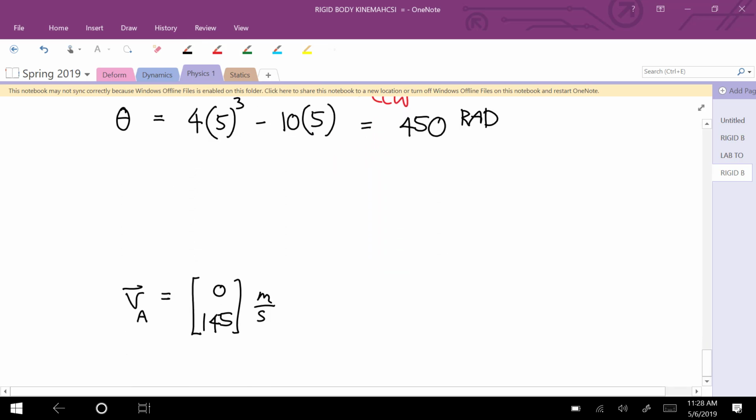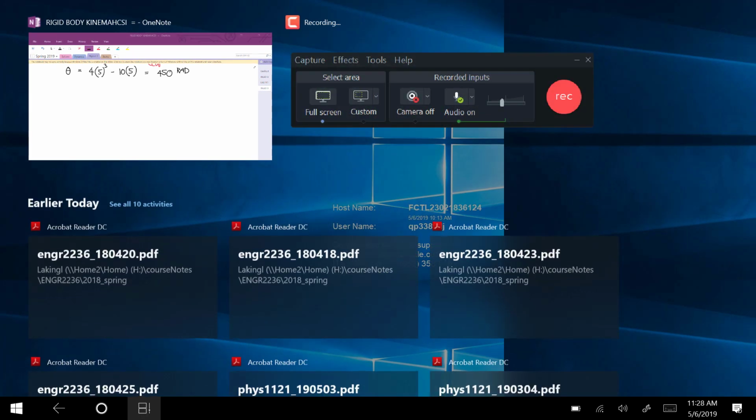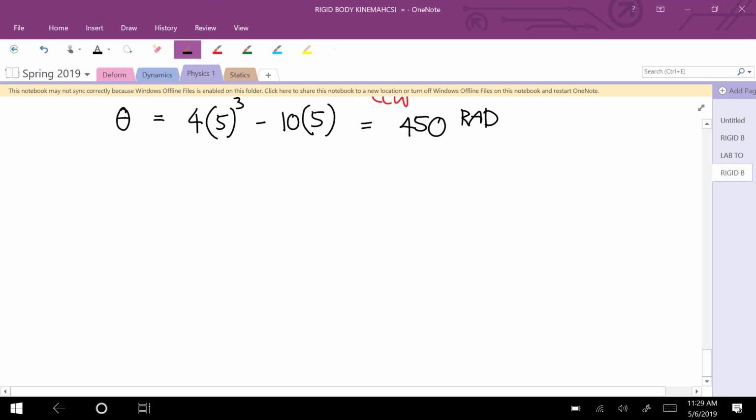So 2 pi is 6.28, take out a bunch of those. I'm trying to figure out what's left over after you do all the full rotations. You know what I mean?